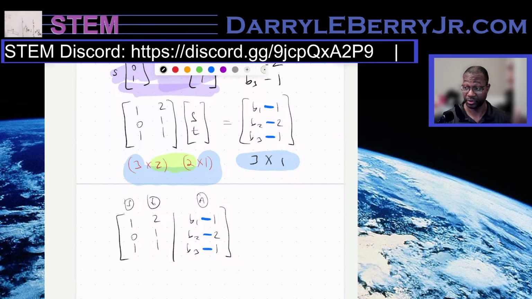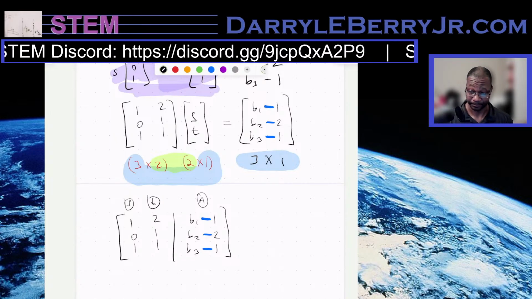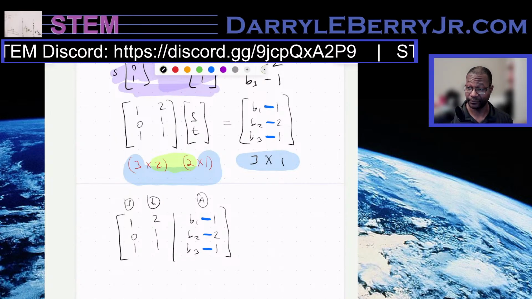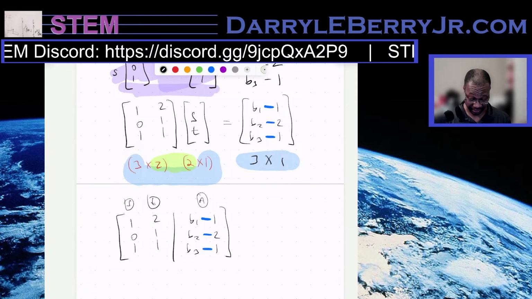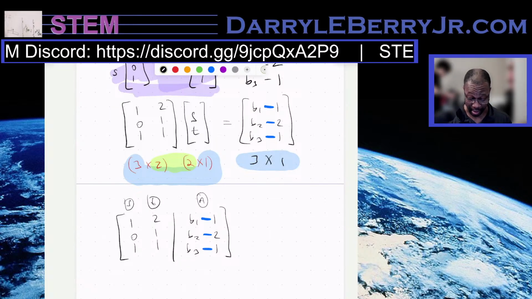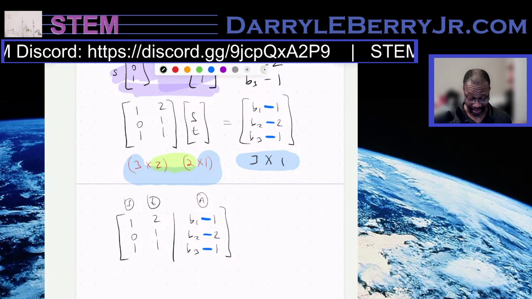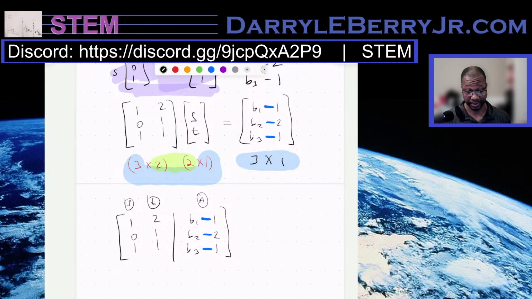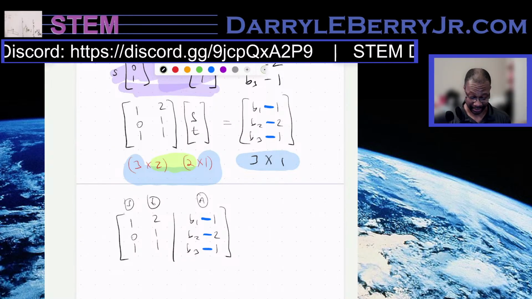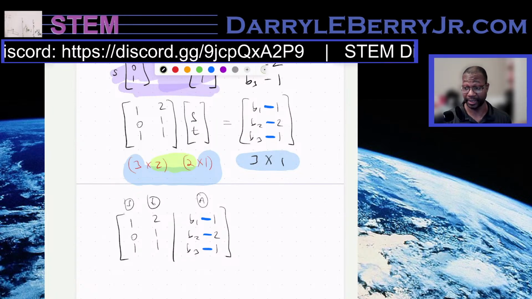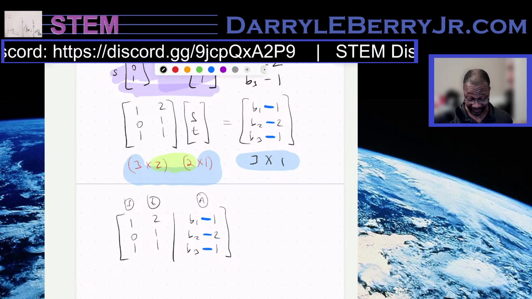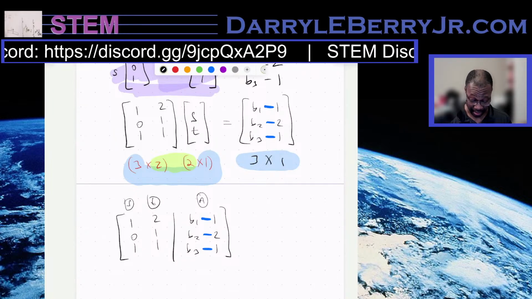So now I know, just like we did in the previous example, when I reduce this matrix, what I'll be doing is solving for S and T. But in this problem, even though I will get a value for S and T, I'm not even caring what the values for S and T are technically.